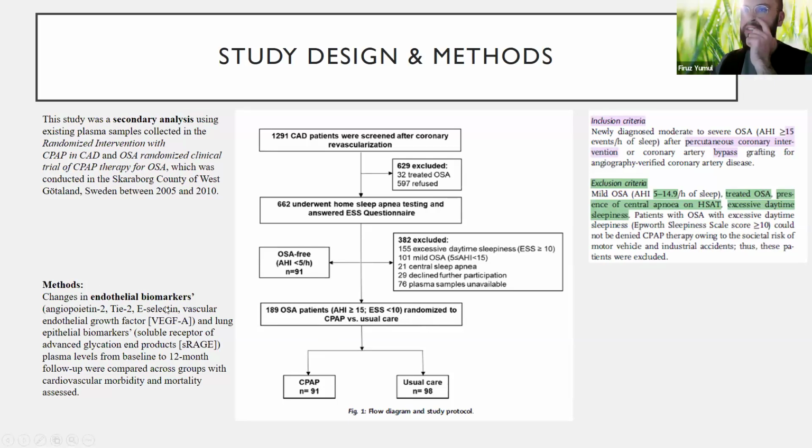And the changes in endothelial biomarkers, the ones we mentioned, right? Angiopoietin-2, E-selectin, VEGF-A, and lung epithelial biomarkers such as sRAGE were measured from baseline to the 12-month follow-up, and were compared across groups with cardiovascular morbidity and mortality being assessed.